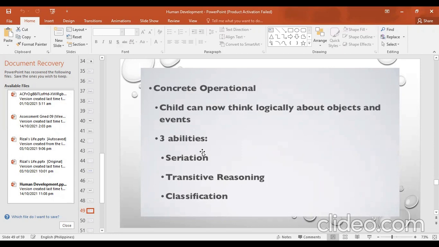Halimbawa nito yung kanina, di ba, in example natin yung inability to conserve. In concrete operational naman ay nalalaman na ng bata, meron na siyang idea about the equal amount of water. No, kapag sinalin mo sa baso, tinanong mo sa kanya, by the way, this is 7 to 11 years old again.